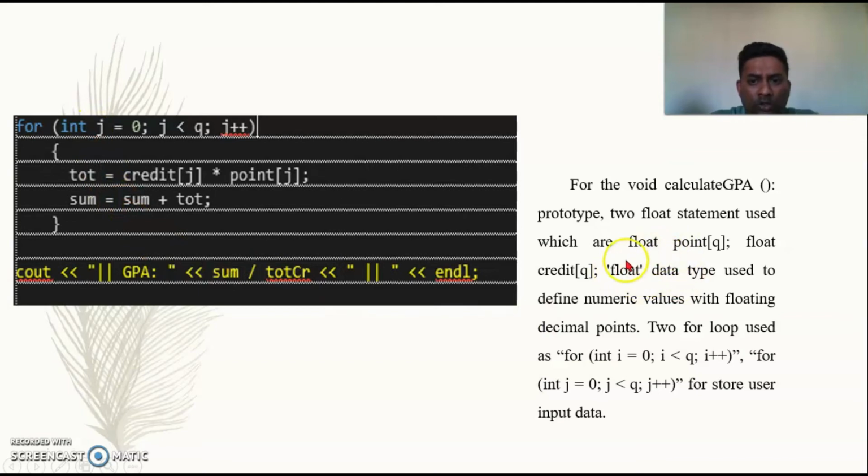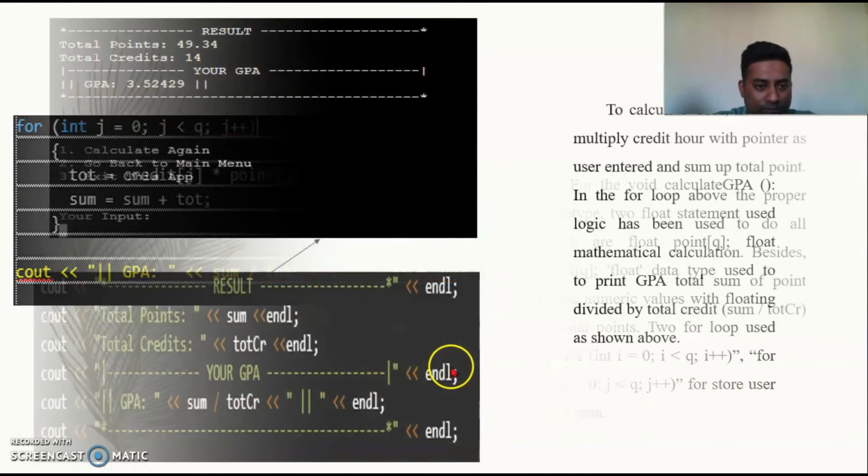We use two floats. Why do we use float? Because float defines numeric values with floating decimal points, both the numerical values and also the decimal points. The for loop we use to store the input data.